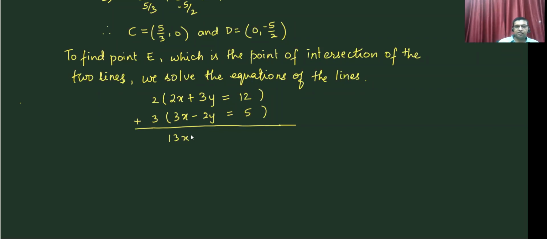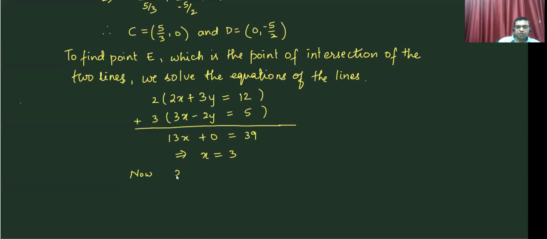Now 13x plus 0y equal to 12 into 2, 24, plus 15, 39, which gives x is equal to 3. You understood how I did it? I multiplied the first equation by 2, the second equation by 3, and I added. Once you get x, take any of the two equations.